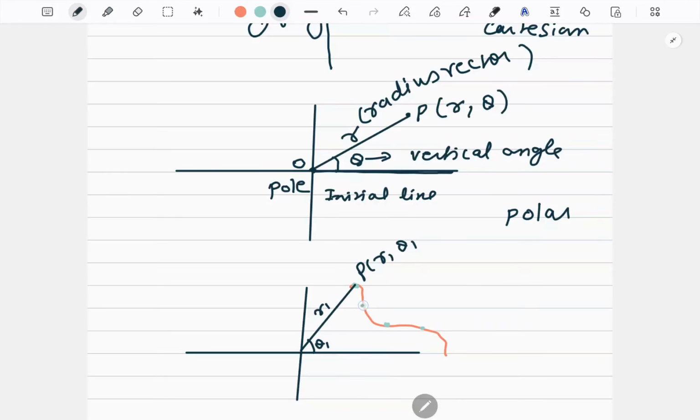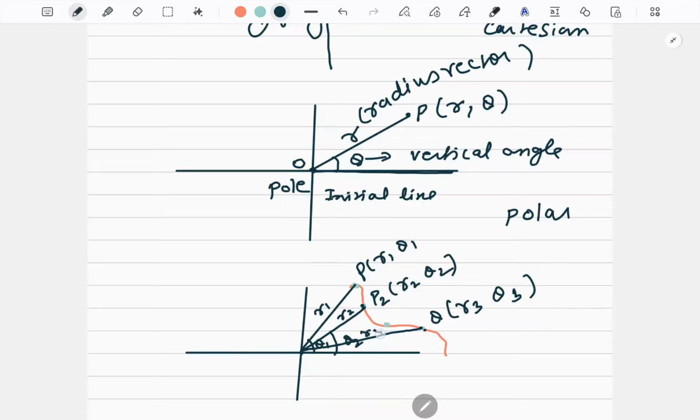Now if I talk about this point, I will join it. Suppose it is P2, r2 and theta 2. So this line will become r2 and this angle will become theta 2. For this point, suppose it is Q, r3, theta 3.